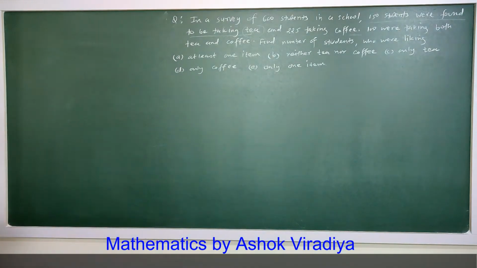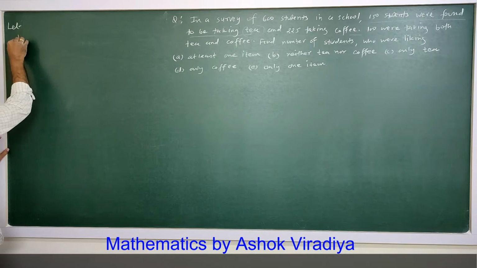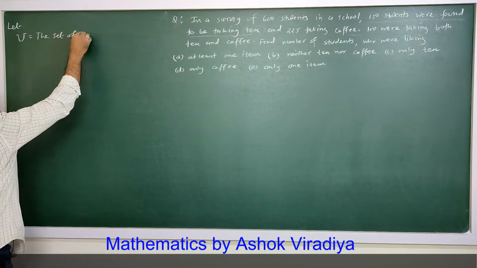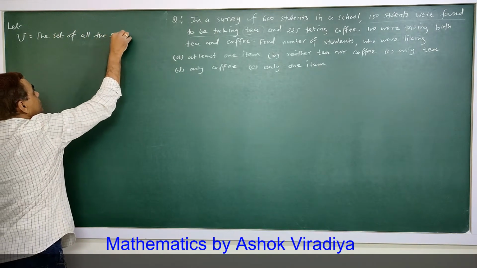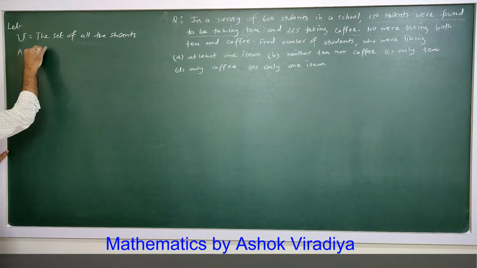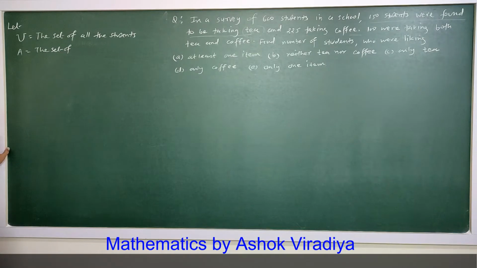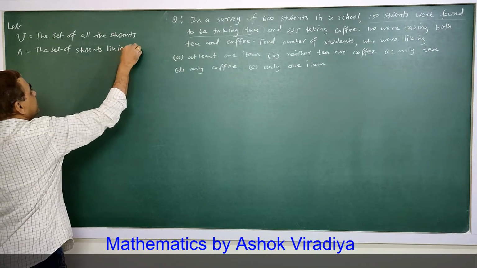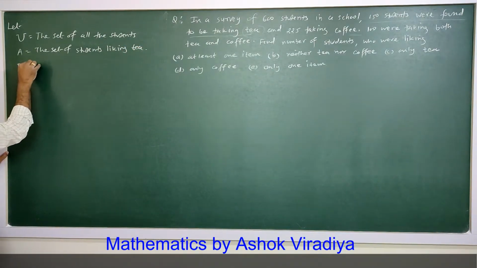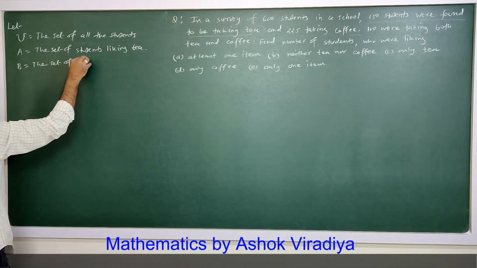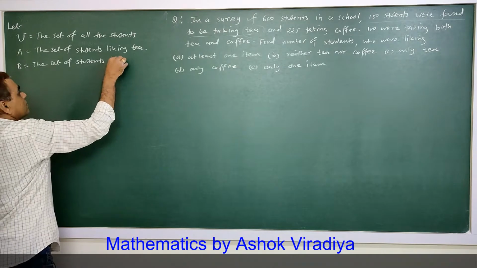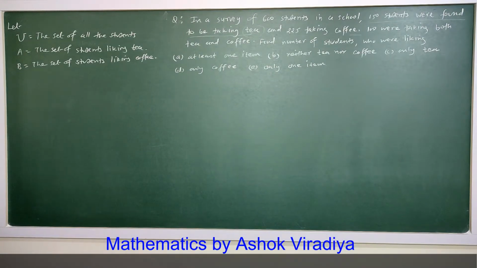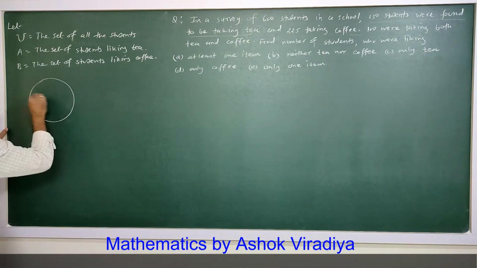First of all, suppose U is the set of all the students, A is the set of students liking tea, B is the set of students liking coffee, and we show these sets in a Venn diagram.